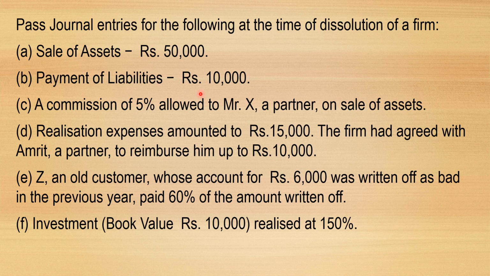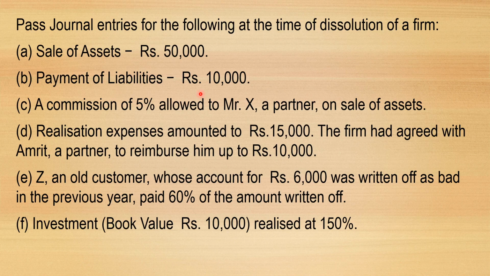Now sometimes some expenditure is borne by a particular partner, who personally wants to pay it with agreement with the partnership firm. That time, instead of cash or bank, we have to consider that respective partner's capital account. Say for example, Mr. X is a partner who wants to bear some realization expenses.